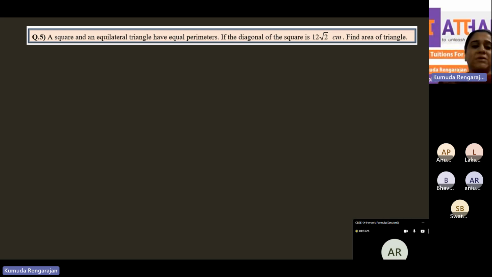It is given that a square and an equilateral triangle have equal perimeters. Equal perimeter, meaning the same perimeter. So what's the perimeter of the square you said? 48 centimeters. So what will be the perimeter of the equilateral triangle? 48.